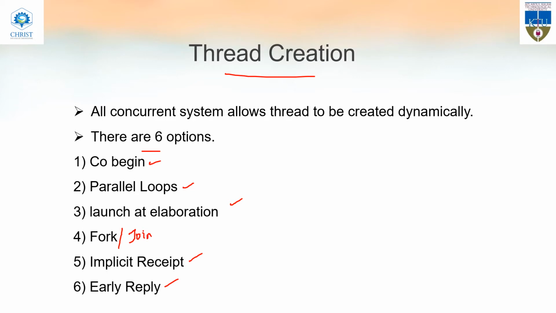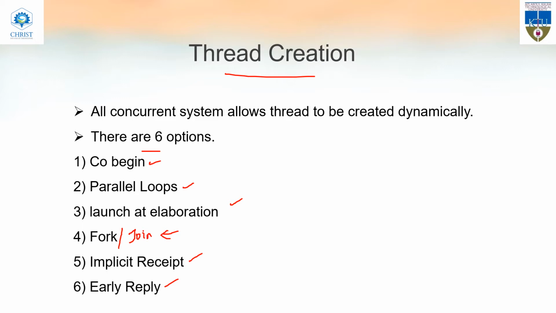I hope you all know about fork and join, so I won't explain much about them. If you need to know more, you can go to the operating systems subject to understand what fork and join are.